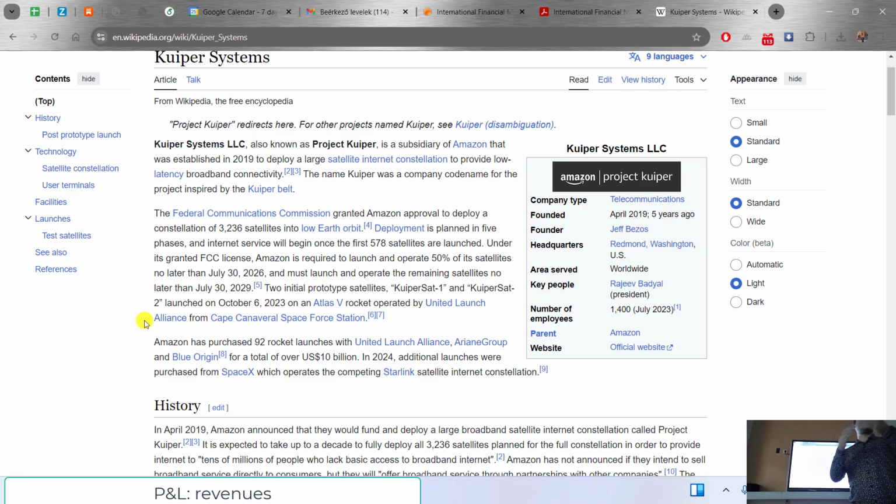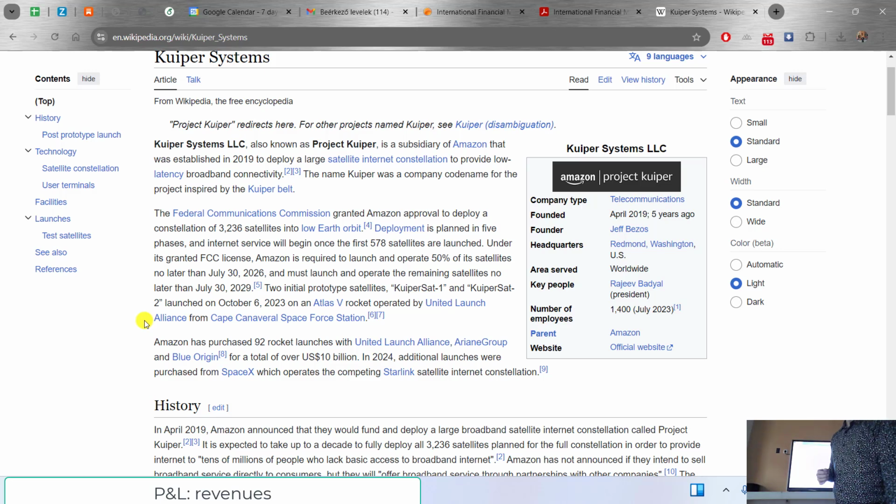So Bezos and Musk don't like each other personally, and at the end of the day they purchased launches from the United Launch Alliance, the Lockheed Martin and Boeing subsidiary, from Ariane Group, and from Blue Origin, Bezos' other company. But as a result of the lawsuit, SpaceX also had to get some share of the cake. So now there are 4 companies.